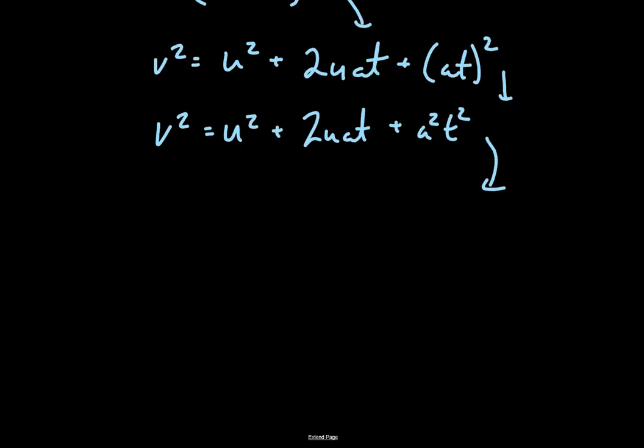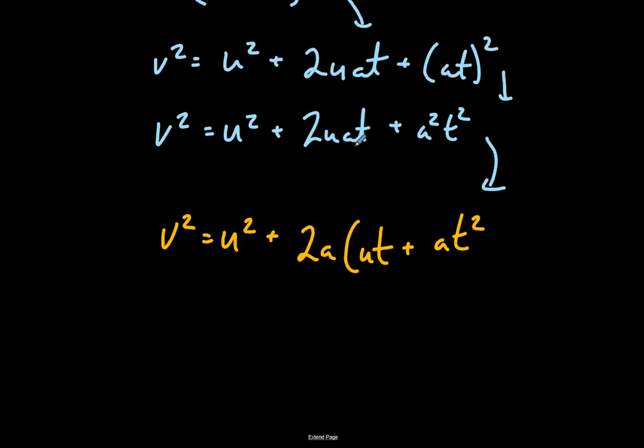This is where it gets a little bit squirrely. But what I'm going to do is pull 2a out of both of these, so I'm going to divide both of these by 2a. So plus 2a. I pulled 2a out of here, so that just leaves behind a ut. And a 2a, so one of my a's goes, so I'm at at squared now. But since I also pulled a 2 out of there, it looks like that.